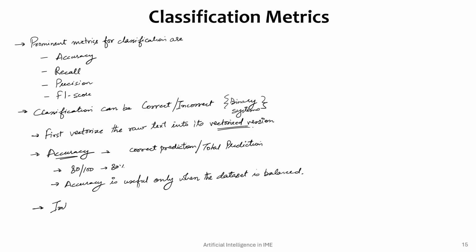So what do we mean by a balanced or imbalanced data set? Imbalanced classes could be, let's say you have 90 correct classes and only 10 incorrect classes. Here these classes are like your labels in your data set. If your data set has only 10 incorrect labels, then your machine learning system has not seen enough incorrect data, right?